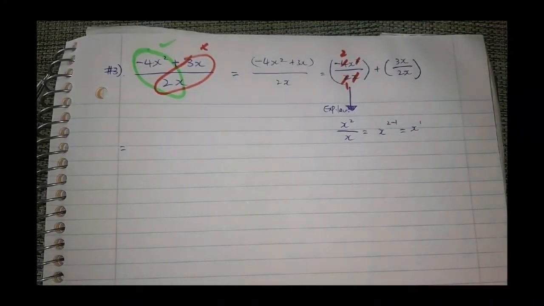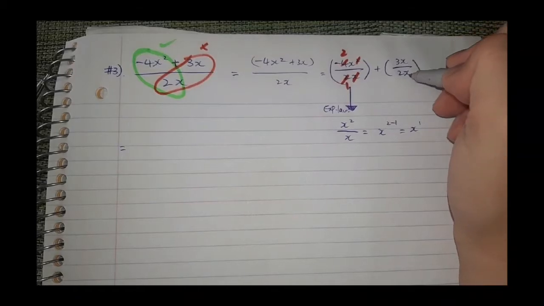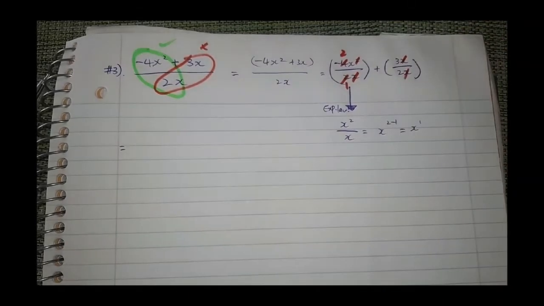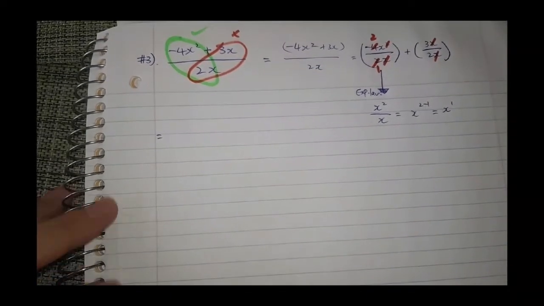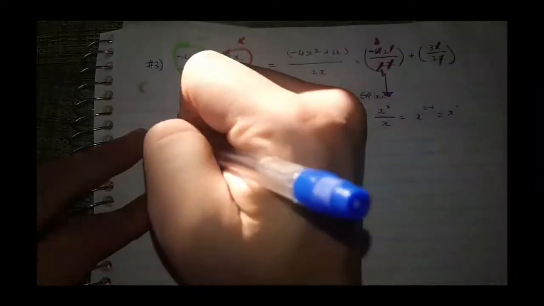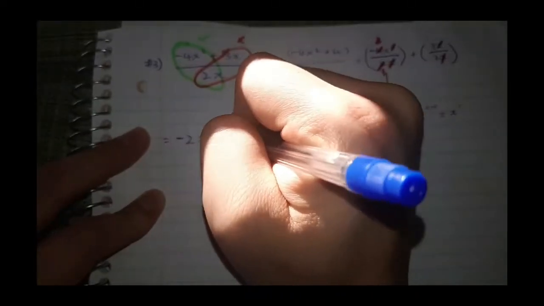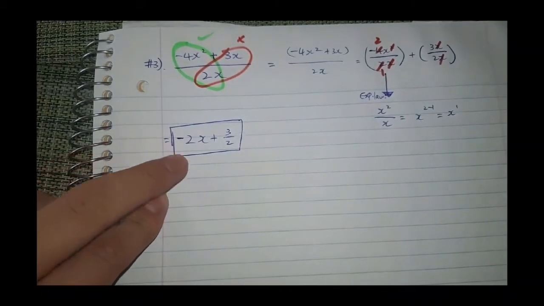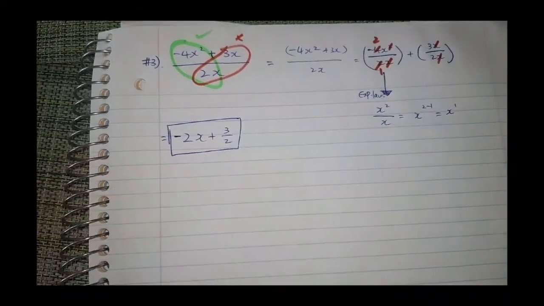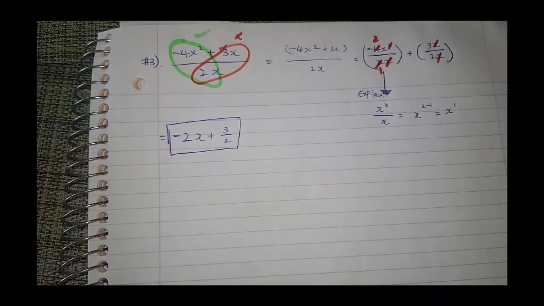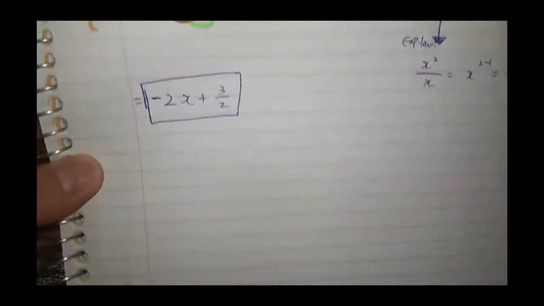So bottom will be 1, above will be 2. 3x and x, the only thing that cancels is x. So in the long term, you notice that negative 2x plus 3 over 2 is how we can express our final answer. And yes, it is possible to have a fraction as part of your answer. And from now on, you're going to see this kind of type.